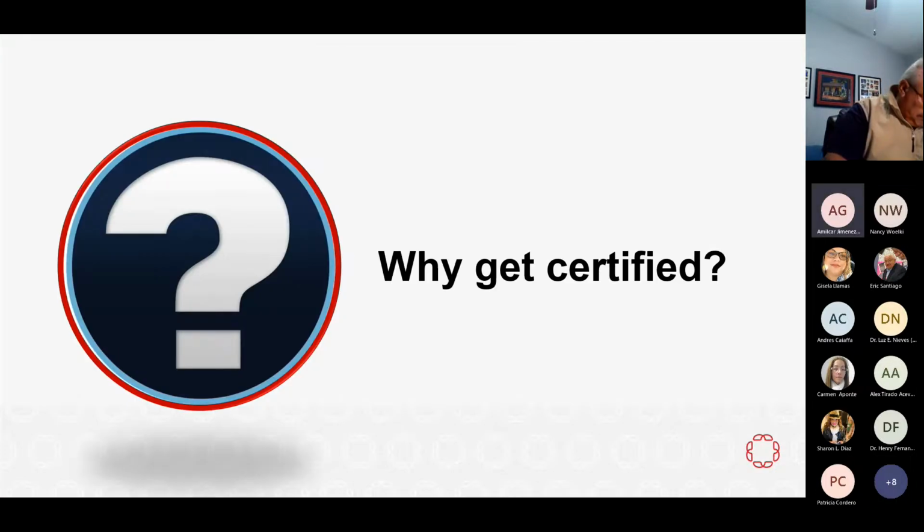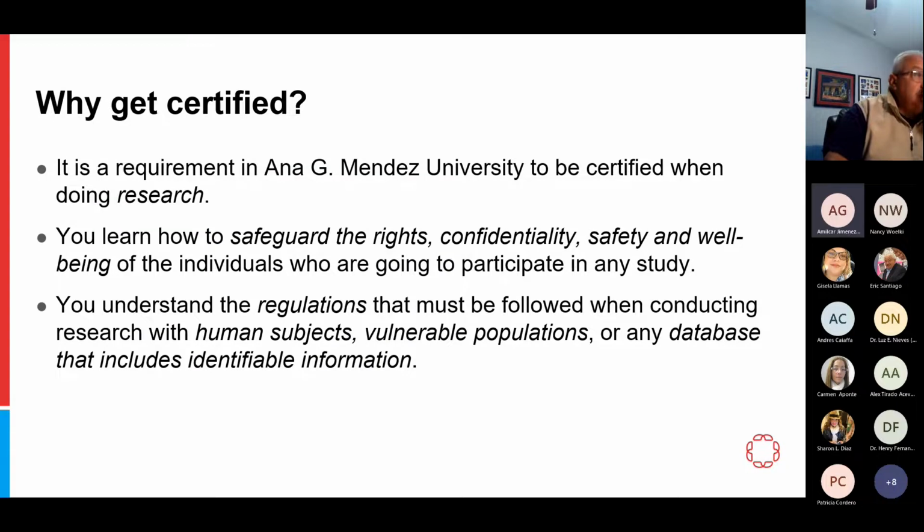Now, why get certified? Number one, it's a requirement for the Ana G. Mendez University to be certified to do research. You will learn how to safeguard the rights, confidentiality, safety, and well-being of any individual who is going to participate in any study.